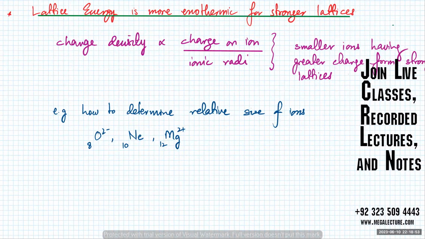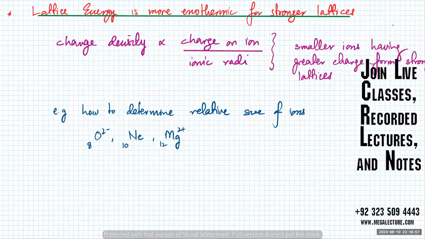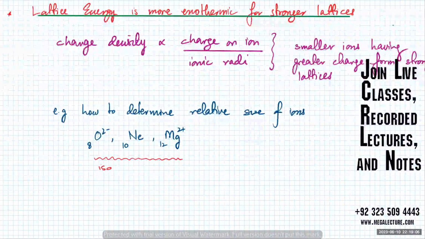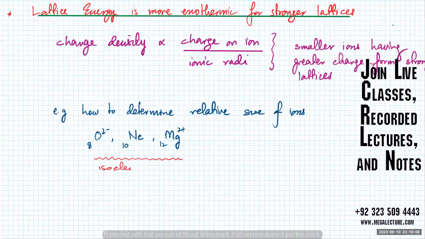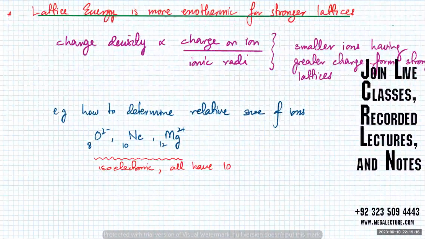Is O2 minus the smallest one? And why? Because it has the lowest amount of electrons. Actually, they're isoelectronic. They all have exactly the same electrons, all have 10 electrons.